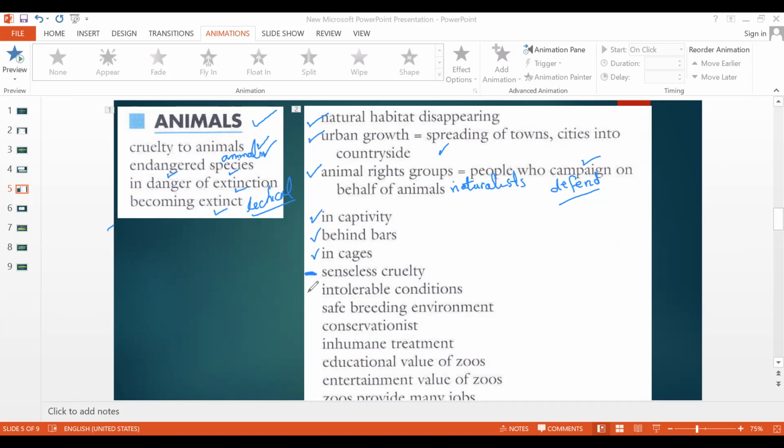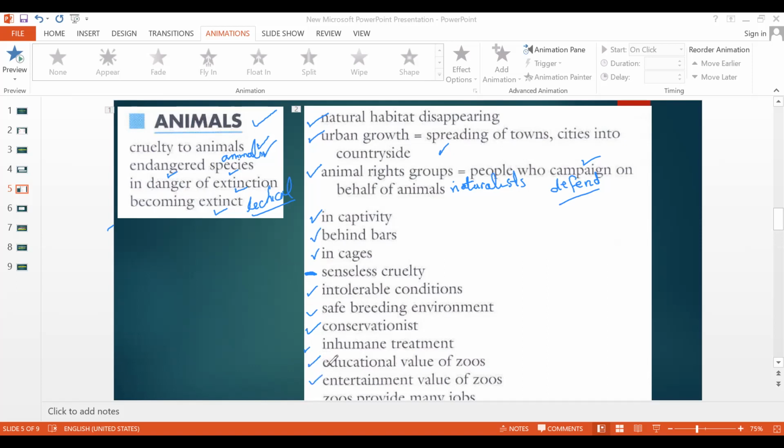Senseless cruelty, intolerable conditions, safe breeding environments, conservationism, inhuman treatment, educational value of zoos, entertainment value of zoos.